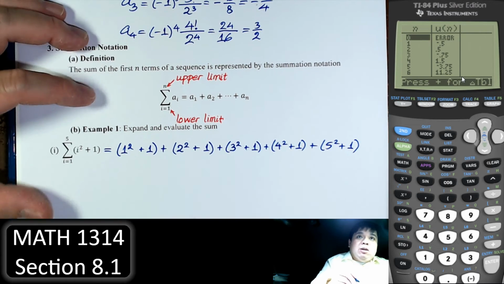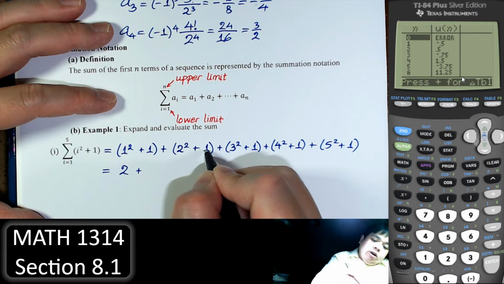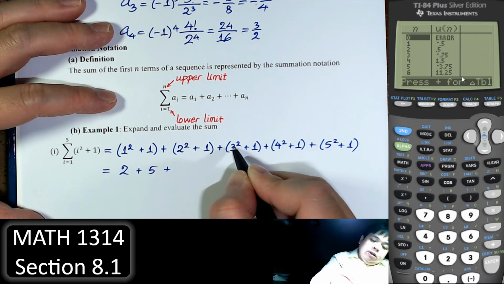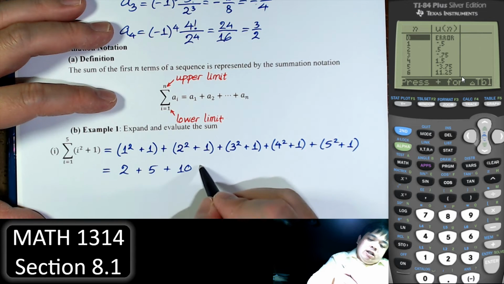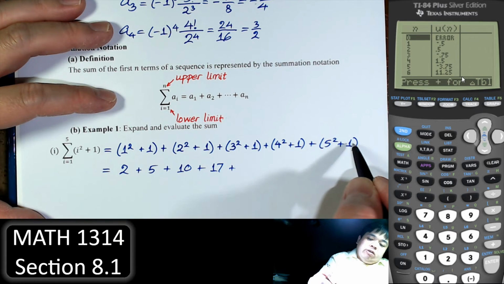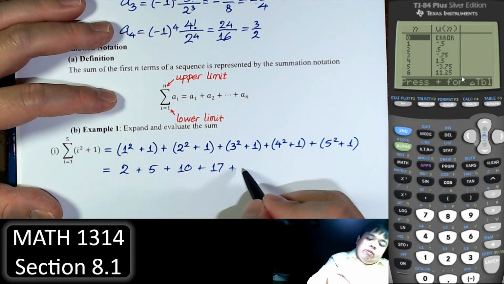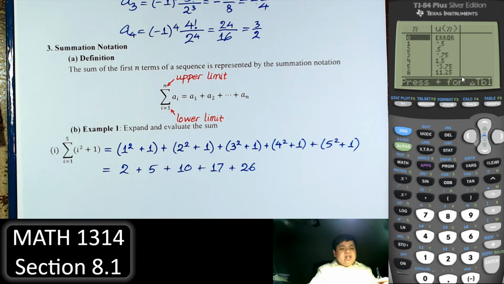Right, add all of them up. This is 2, 4, 5, 9, 1, that's 10, 16, and 1, 17, 25, and 1, 26. Just add all of them up.